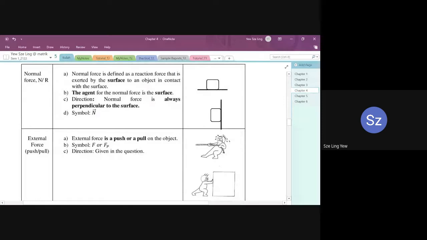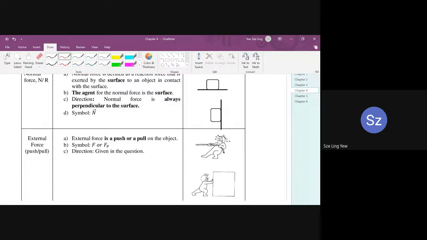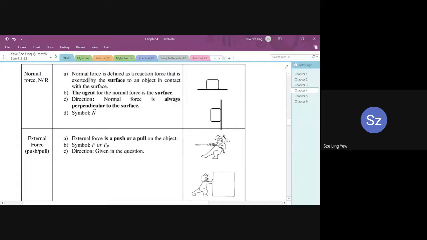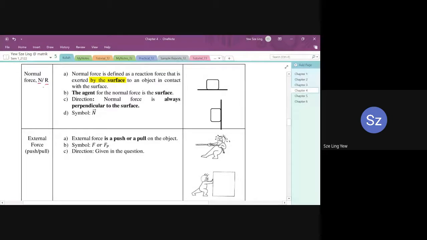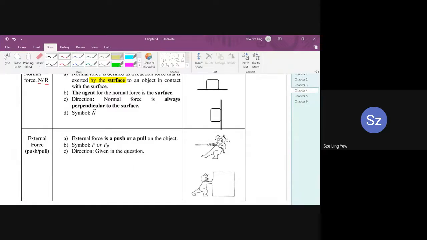Normal force is defined as a reaction force that is being exerted by a surface. Which means you need a surface in order to have a normal force. The symbol can be N or R, it's up to you. The direction of normal force is always perpendicular to the surface.